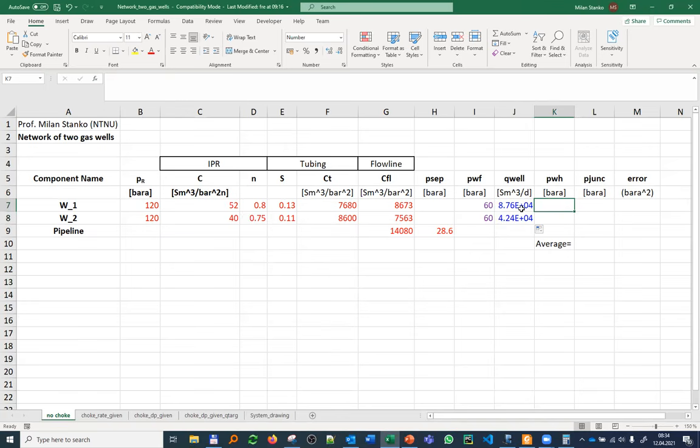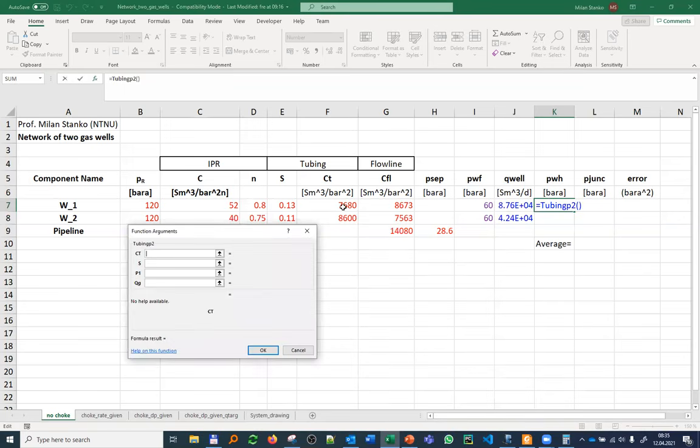Then I move from bottom hole to wellhead. For that I use the TPR equation, tubing. I'm moving concurrent, so I need the TP2, the pressure at the discharge of the tubing, which is essentially the wellhead pressure. This requires the CT, again I'm not going to freeze it, P1, which is the bottom hole pressure, and the Q, which is here.